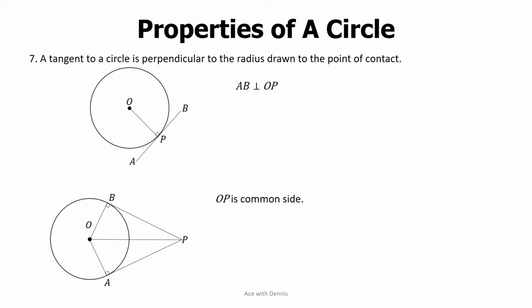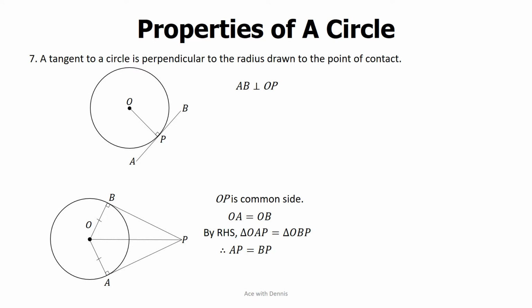From here, we can say that OP is the common side. Since OA and OB are the radius of the circle, OA equals OB. By RHS property, we can say that triangle OAP is congruent to triangle OBP.